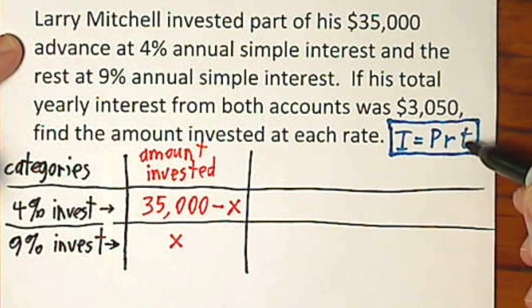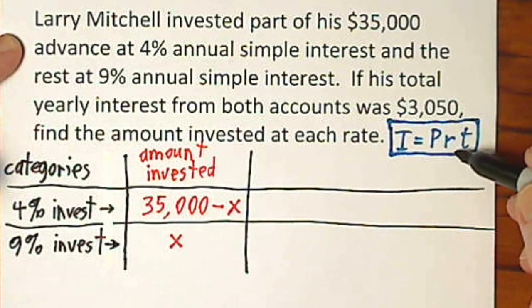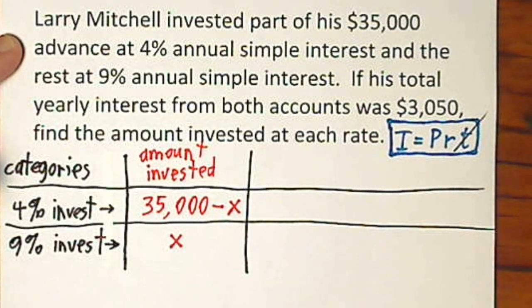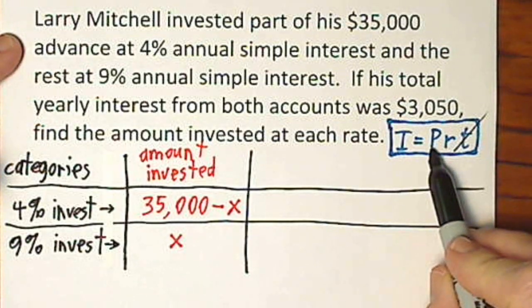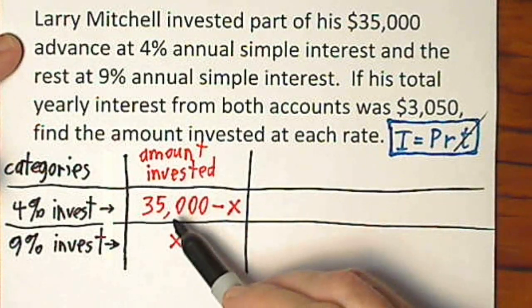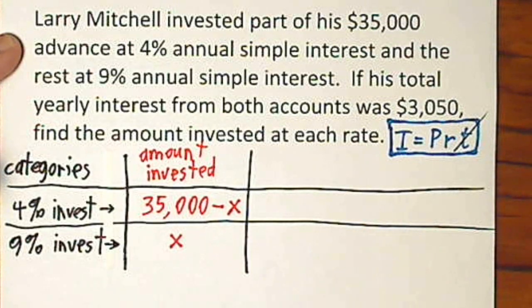We're going to get to ignore time, so I'll just cross that out. Again, it's going to be 1 year, and when you multiply by 1, nothing happens. So principal, that's how much you invest, okay? The amount invested, that's right here. That's our principal, okay?